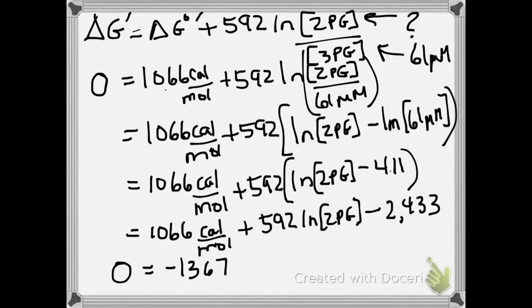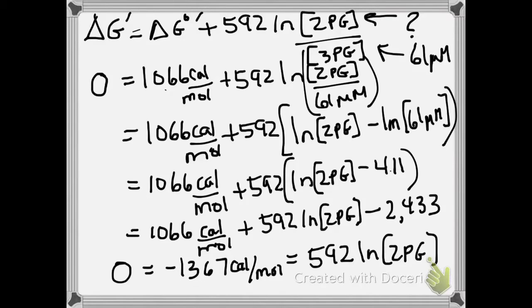So we subtracted 2,433 from the 1066 to get minus 1367, equals 592 times the natural log of 2 PG. Excuse me. Okay, I notice here I put an equal sign there, and this should be a plus.